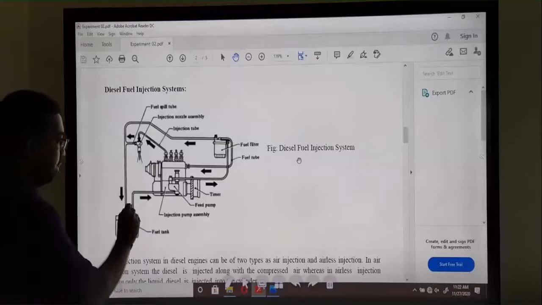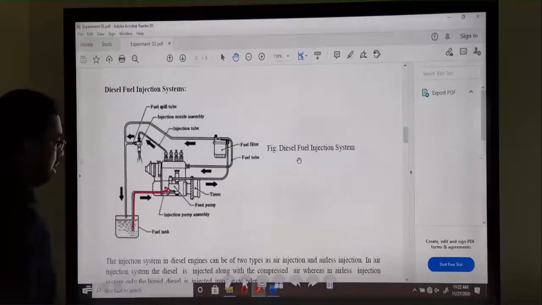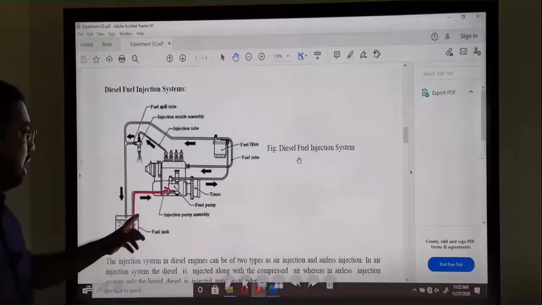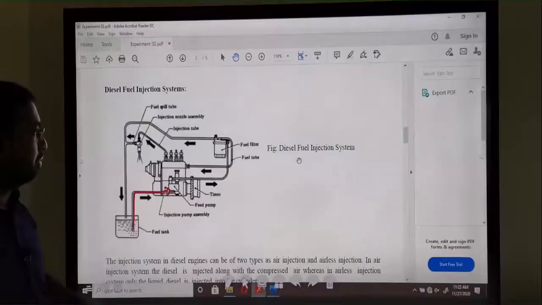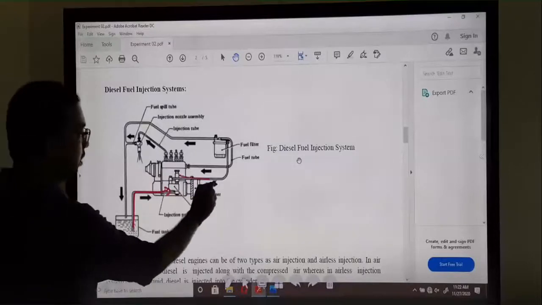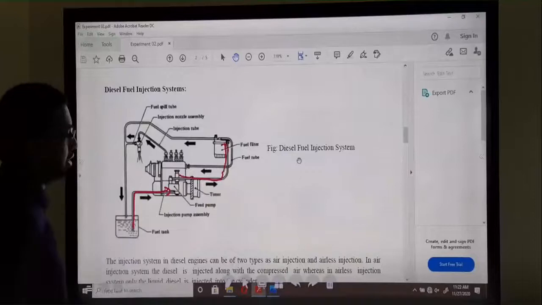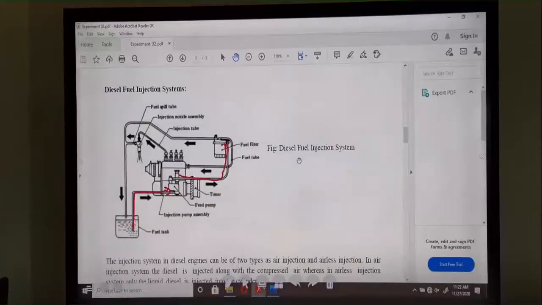So the fuel comes from the fuel tank and goes to the feeding pump, and the feeding pump sends the fuel to the fuel filter. What is the function of this fuel filter? It cleans and purifies the particles or dust or anything from the fuel.